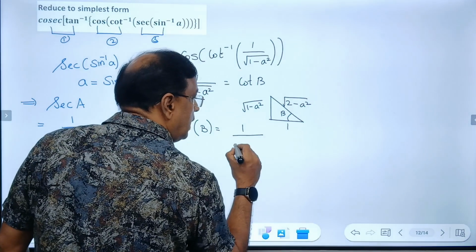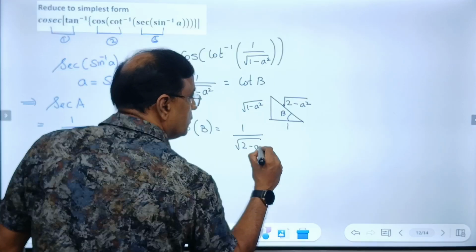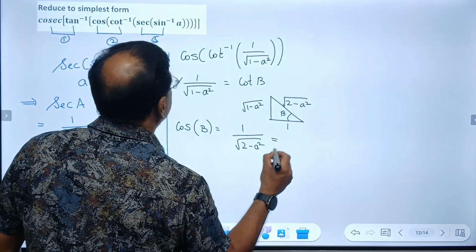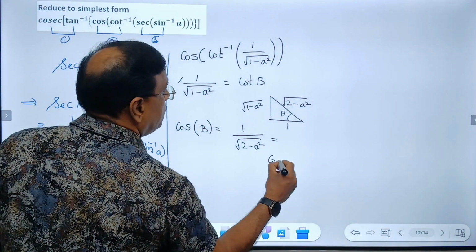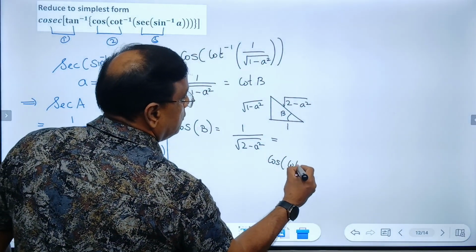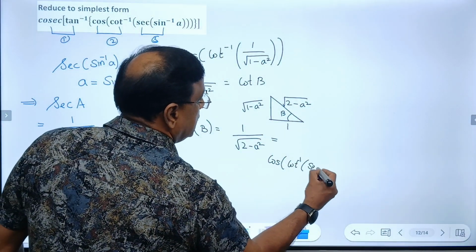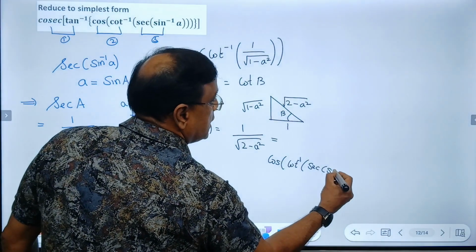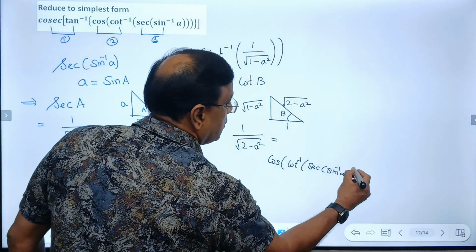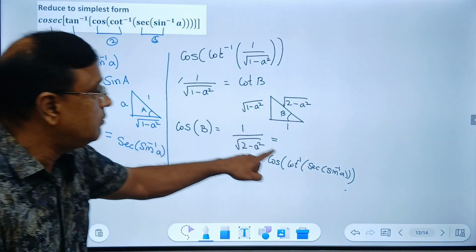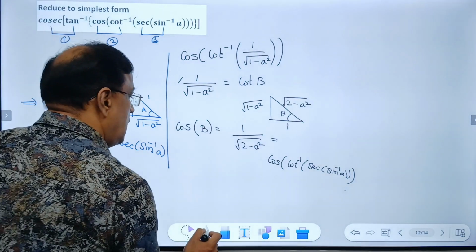Adjacent by hypotenuse. So you have proved this is equal to what? Cos of cot inverse of secant of sine inverse A is equal to this. It's done.